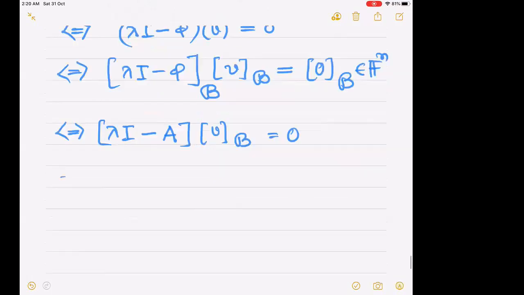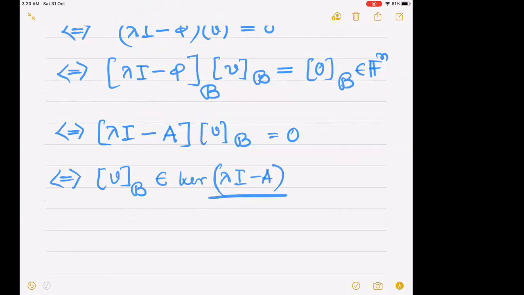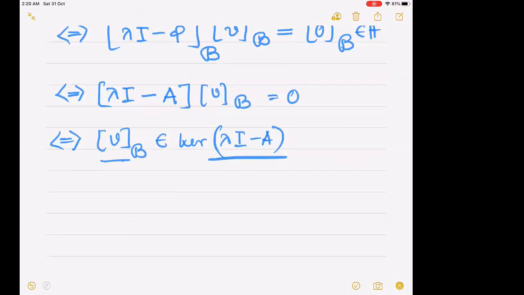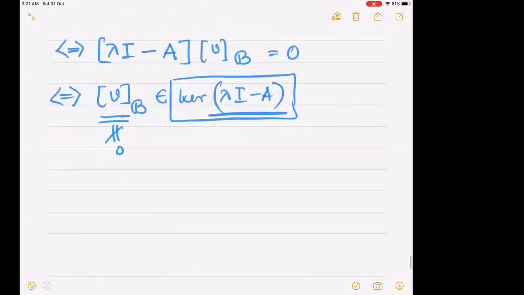So this is if and only if this vector v's representation belongs to the kernel of this matrix lambda I minus A. And remember, in order for this to be an eigenvector, this has to be a non-zero vector. Now, when would I be able to find non-zero vectors in this kernel?